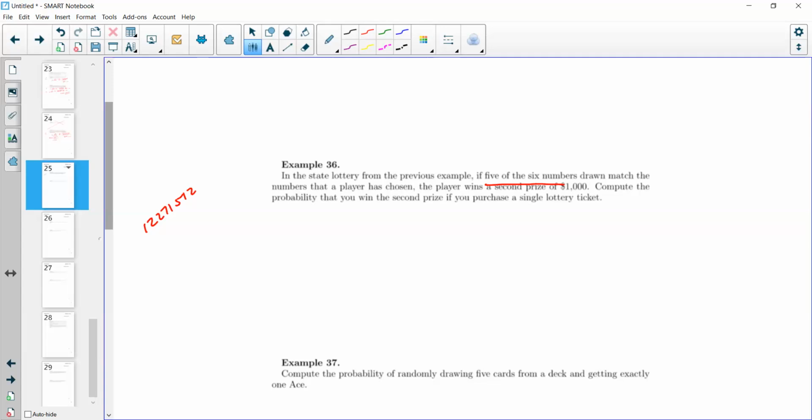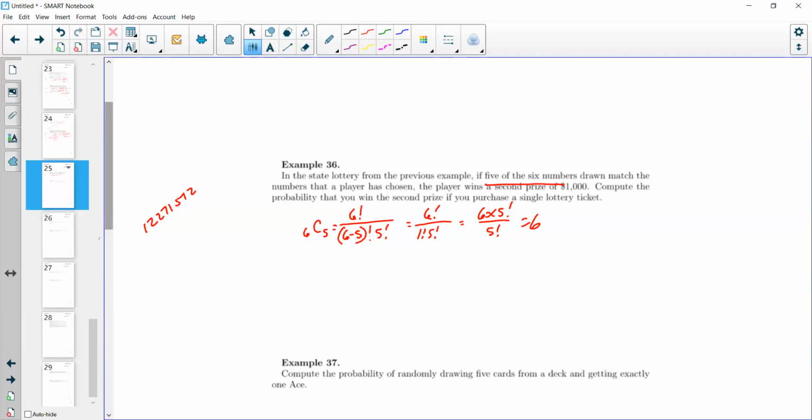Order doesn't matter. 6 factorial over (6 minus 5) factorial times 5 factorial, which is 6 factorial over 1 factorial times 5 factorial. 1 factorial is just 1. 6 times 5 factorial over 5 factorial is 6. Now, here's the thing. We can get 5 of the 6 numbers 6 different ways.